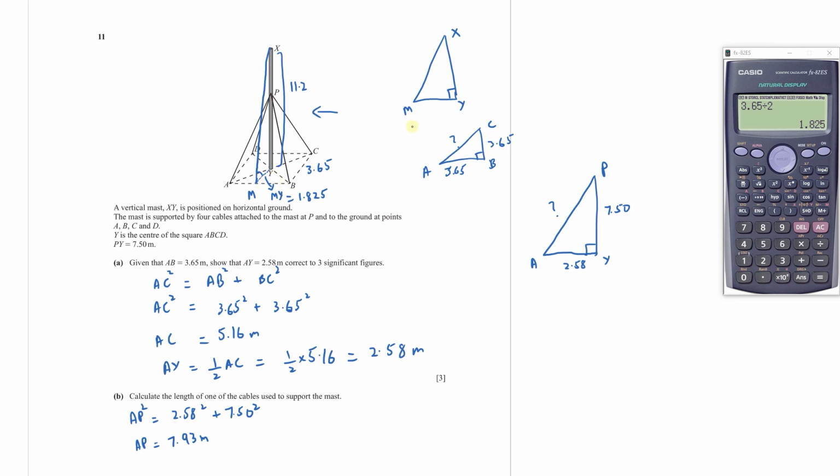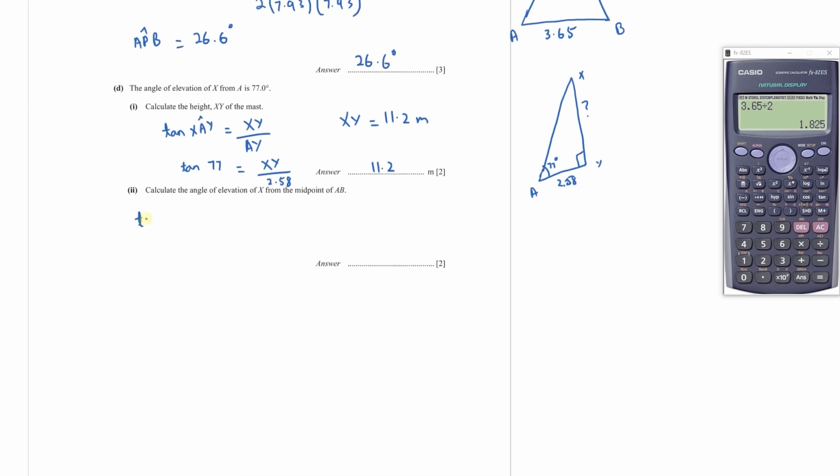So this length MY is 1.825, and then this length, the height, is 11.2, and this is the angle of elevation that we want to calculate. So we can simply use tan of theta again. So tan of this angle will give you 11.2 divided by 1.825. So let's calculate that.